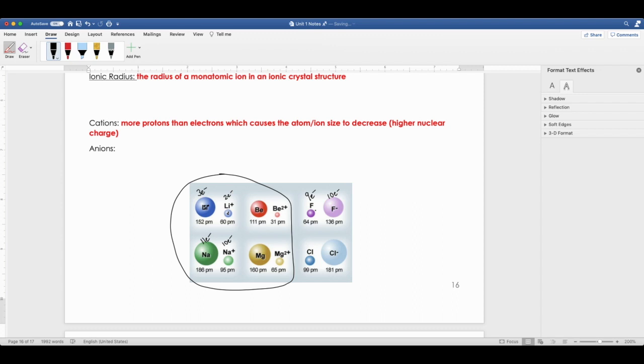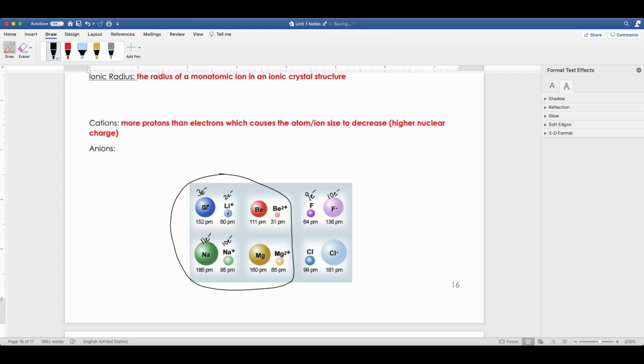Either way, this fluorine has 9 protons in the nucleus, and this fluoride also has 9 protons in the nucleus. Because you add in an electron, those 9 protons cannot pull those electrons in nearly as well. So therefore, when you add electrons, the ion size is going to increase. So anions get larger because that nucleus cannot pull on all of those electrons as closely.